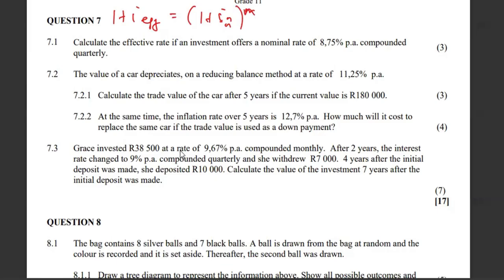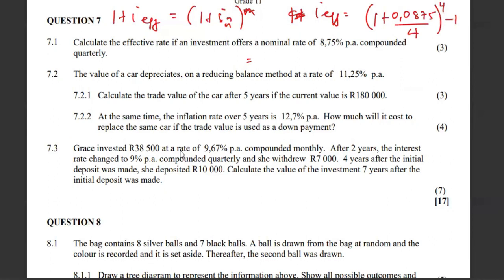So i effective is going to be 1 plus 0.0875 over 4, to the exponent of 4, minus 1. Okay, just punch everything in at once in the calculator.